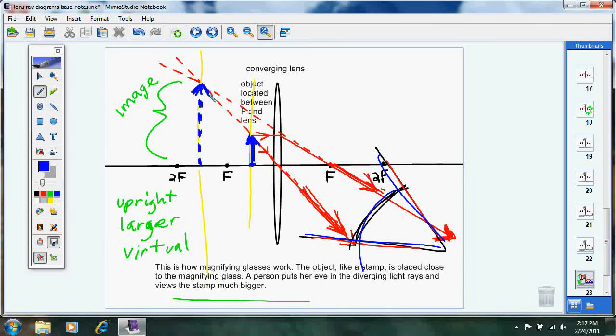So this is the one case when a converging lens actually has light rays leaving it that are diverging, therefore forming a virtual image.